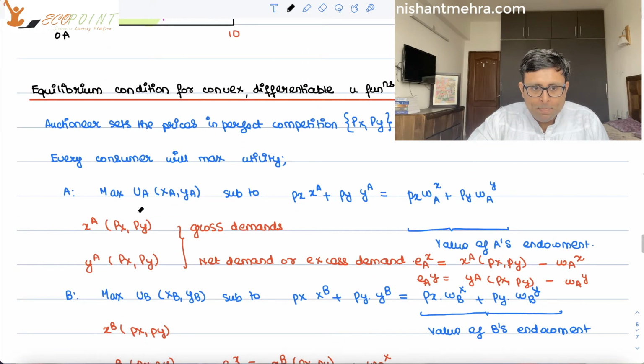If you just look at my budget constraint, this is what my budget constraint is.